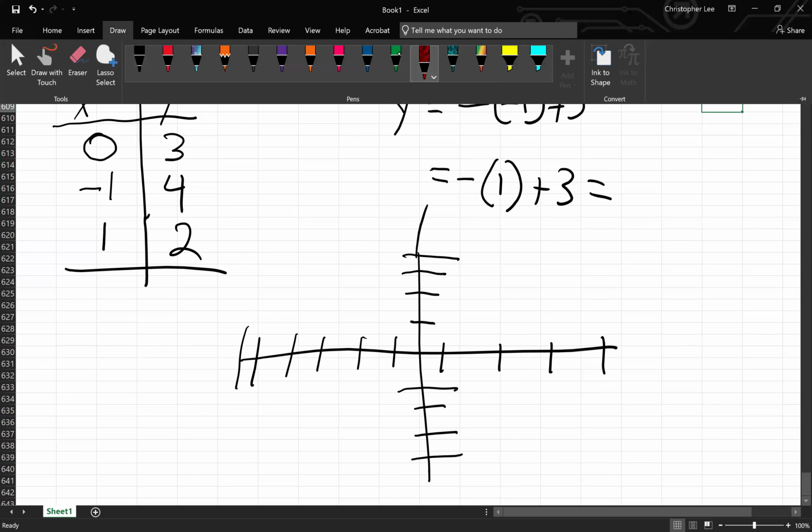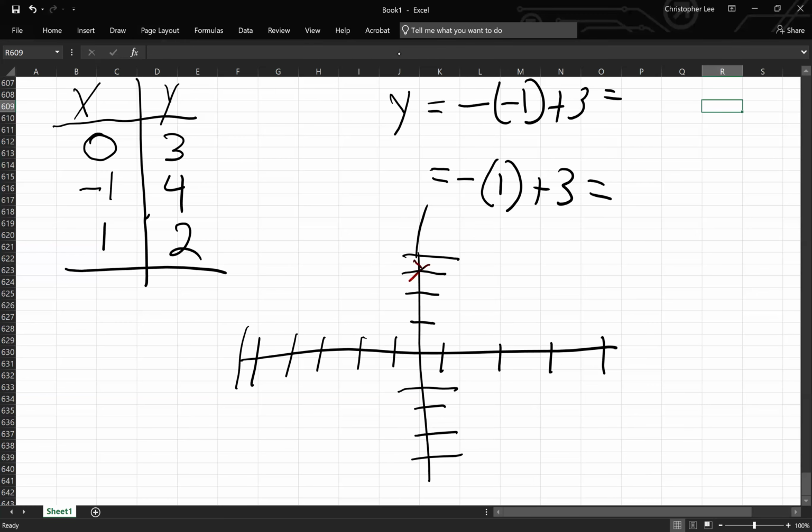Zero, 3. Where is that? Right here, right? 0, 3. What about -1, 4? Where's that? -1, go up to 4 right here. 1, 2.